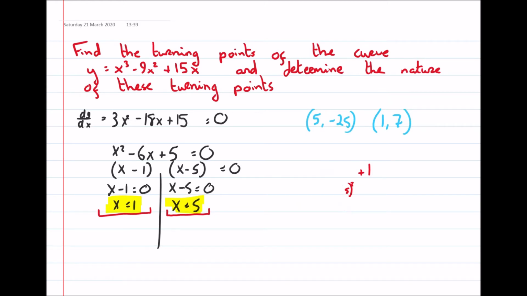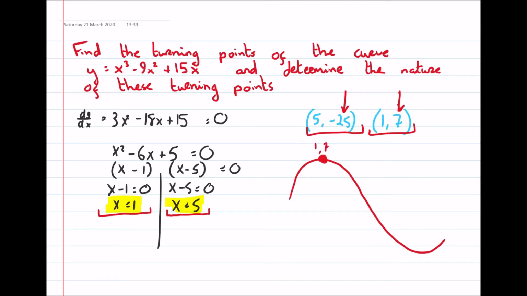Now, I suppose, just looking at those points, you could tell me which the maximum point is and the minimum point. Just have a look at the y value. The y value here is 7, the y value here is minus 25. Whichever the biggest y value is, that's obviously the maximum point. So that maximum point there will be (1, 7).